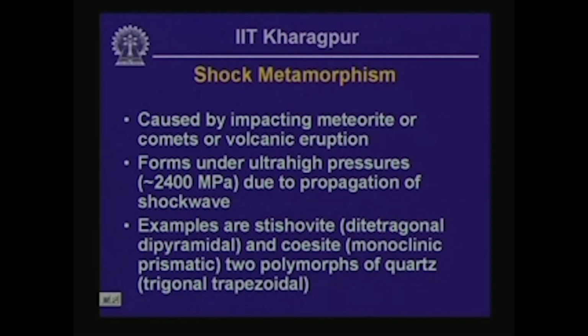Shock metamorphism, on the other hand, is caused when a tremendous increase of pressure takes place, not so much an increase of temperature. Tremendous increase of pressure results because say of meteorite impact or volcanic eruption, and the pressure that you are looking at is very high, on the order of 2400 MPa, and if that happens, then exotic rock minerals actually develop.